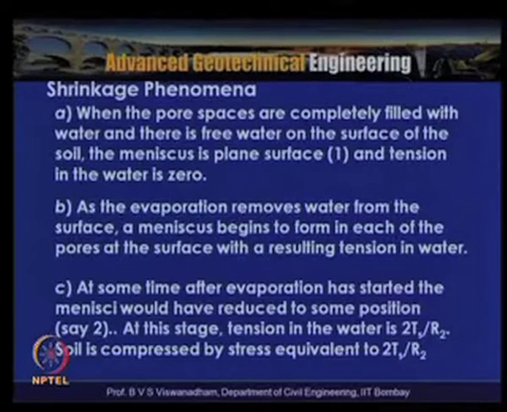So, at some time after evaporation has started, the menisci would have reduced to some position, say 2, that is from position 1 to position 2. At this stage, the tension in the water is 2Ts by R2. If you look into this, R2 is smaller than R1, so the tension in the water increases. The soil is compressed by a stress equivalent to 2Ts by R2.